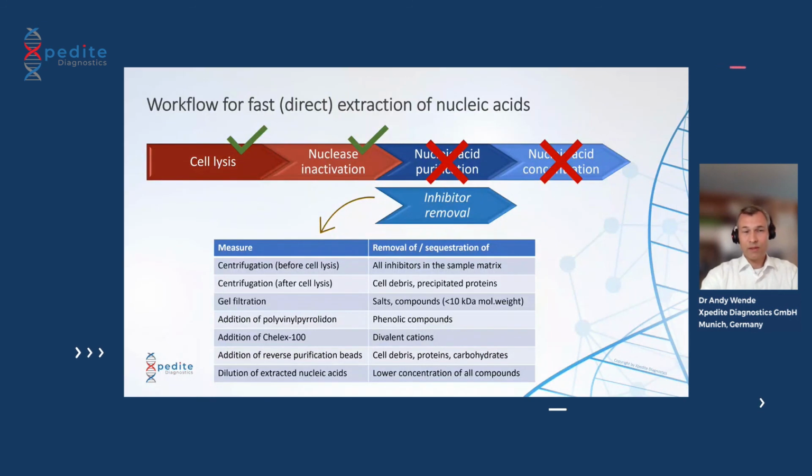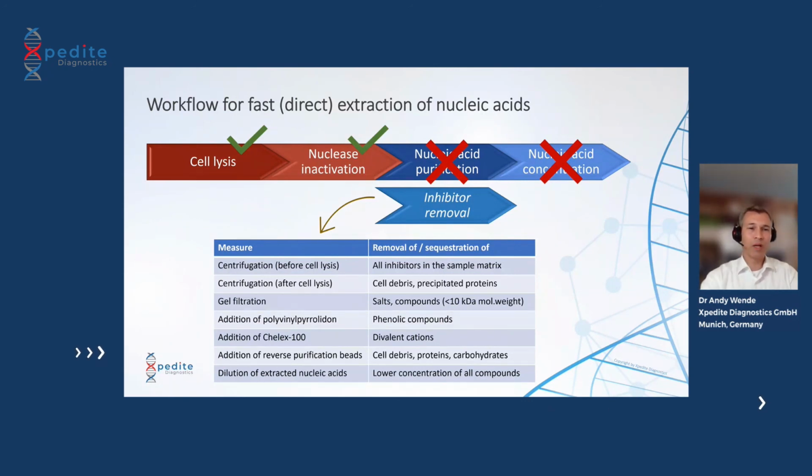Another possibility is simple gel filtration that would remove salts or low molecular weight compounds, let's say everything below 10 kilodalton molecular weight. There are possibilities to add polyvinyl pyrrolidone, PVP, which is known to bind phenolic compounds. It's more important if you, for example, extract nucleic acids from plants.